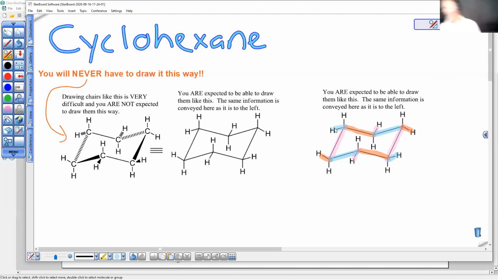These are bonds we're talking about. And every carbon has a bond that's either straight up or straight down. Did you notice that? Straight up here, straight down here, straight down there. There we go, a little better. I'm trying.